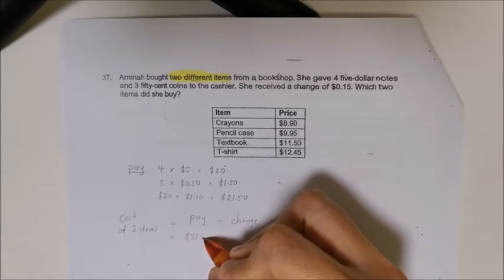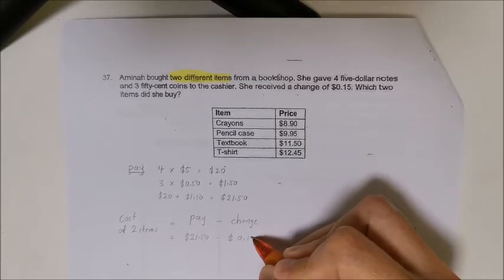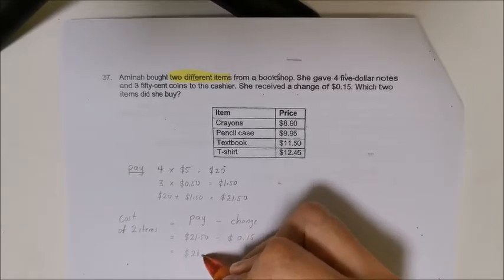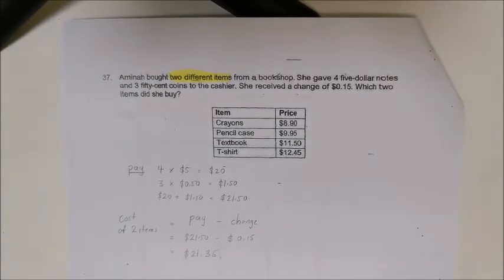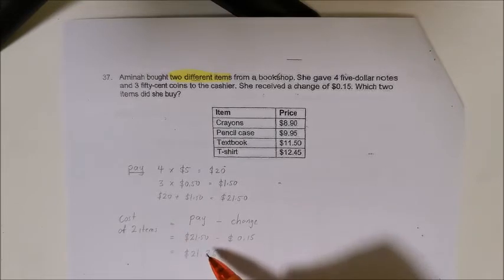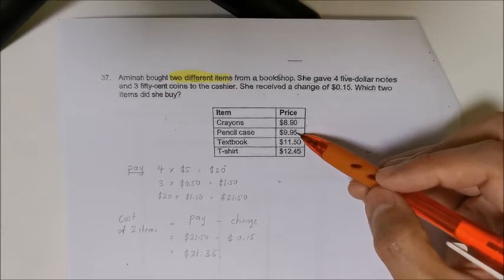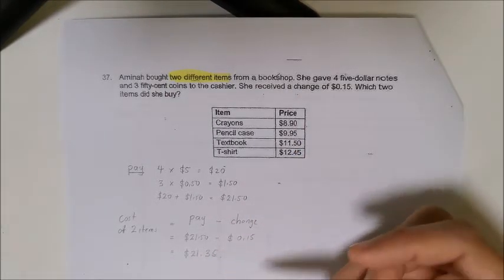So $21.50 minus 15 cents will give us $21.35. Okay guys, this is quite a popular question in the P4 paper. So we know how much the two items cost, and we need to find out which two items added together give us $21.35.